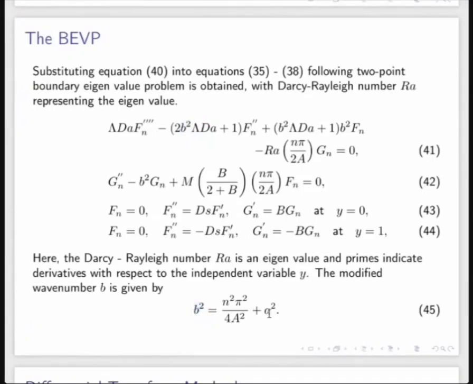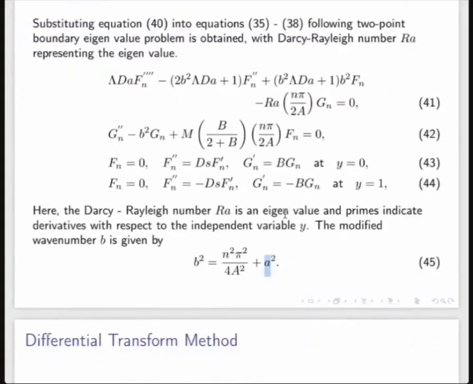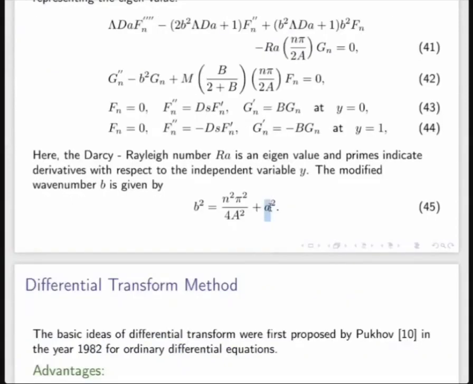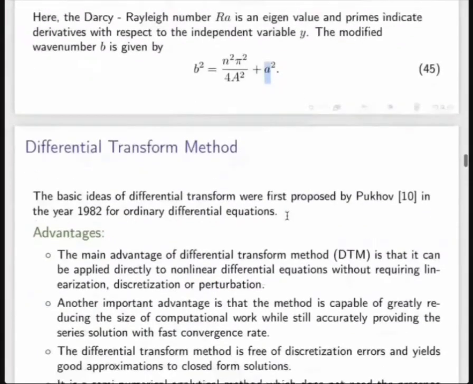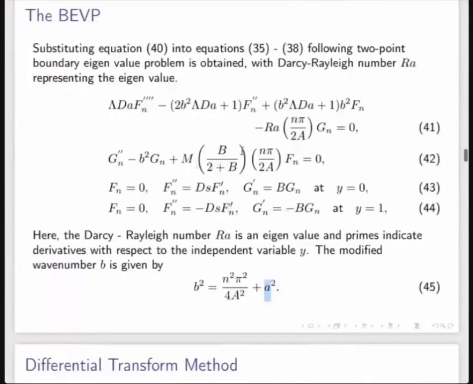One could consider disturbances both in the horizontal and the longitudinal directions, and one can also set a to 0 to make the problem simpler, which is the longitudinal wave number, and we set a to 0 for further analysis. So this is the boundary value problem. Finally, the boundary eigenvalue problem, which one obtains from the instability of the Darcy-Brinkman convection problem.